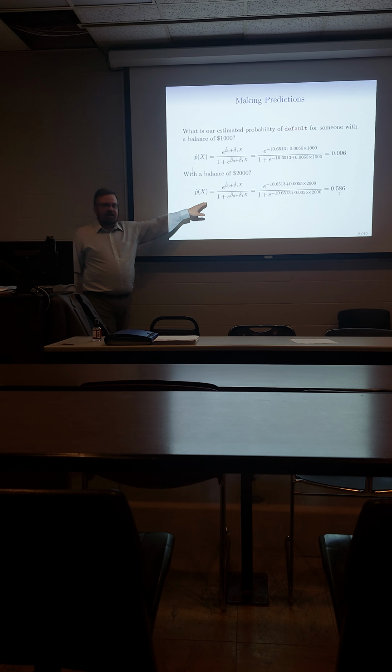You multiply by 1,000 and you get it shifted up. It goes from 0.006 to 0.6. So 6 out of 1,000 goes up to 600 out of 1,000, okay? That's a big leap.